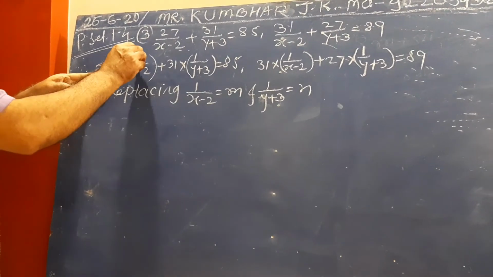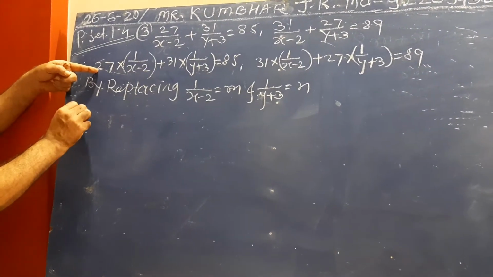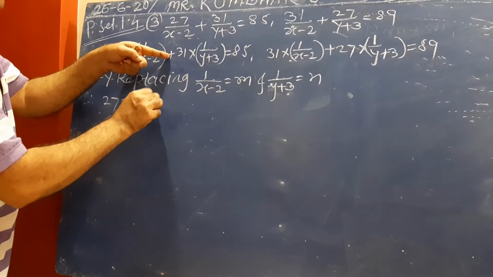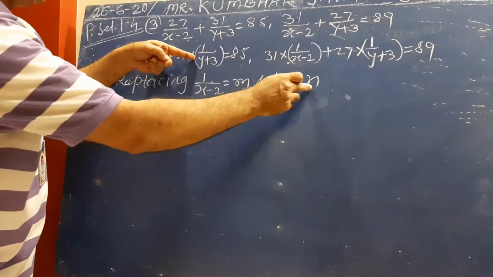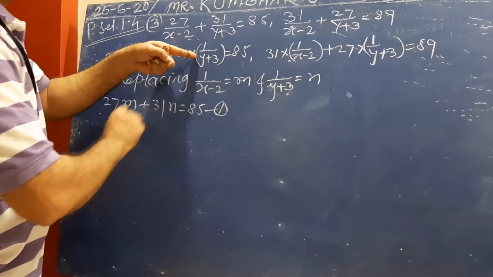Now here 1 upon x minus 2 is m, means 27m. Therefore 27m plus 31, 1 upon y plus 3 is n, that is 31n is equal to 85, equation number 1.